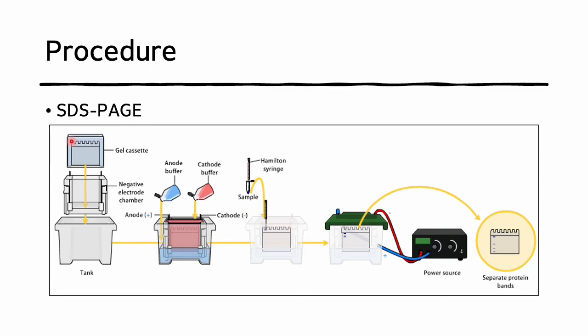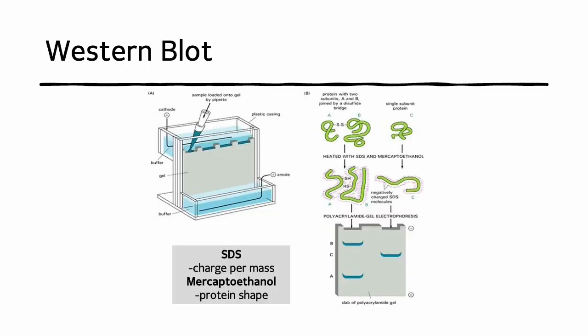So with that attraction, with the force, the protein is going to move to the bottom, and it's going to be separated according to its molecular size, because heavy molecules are slow. So in detail, it's a gel cassette and the sample is loaded into the gel by pipette like this. And the positive charge goes to the bottom.